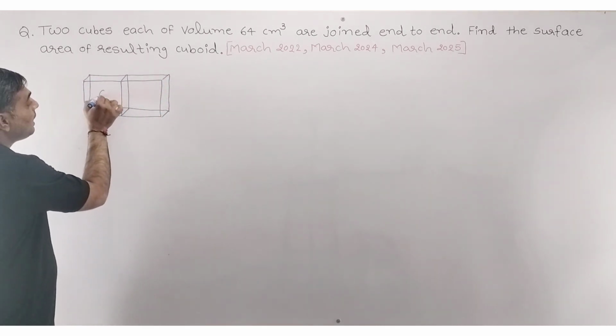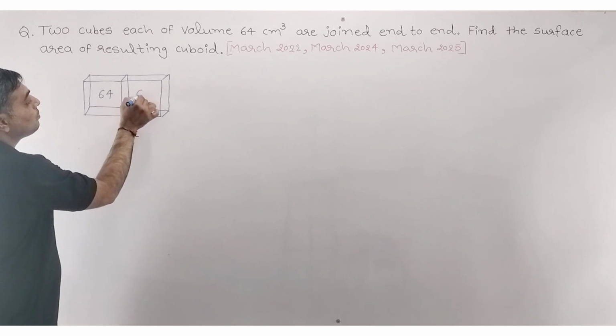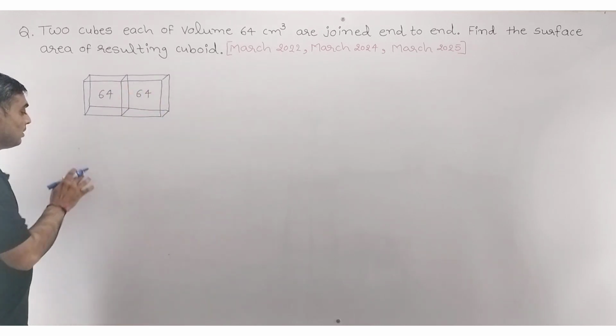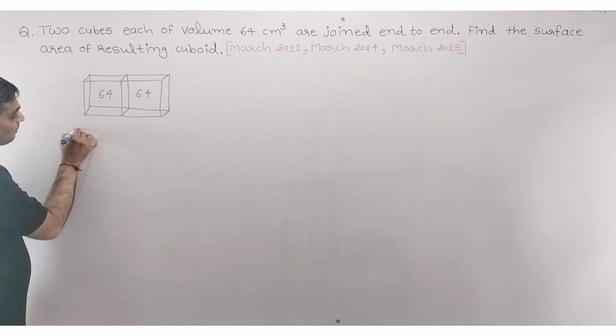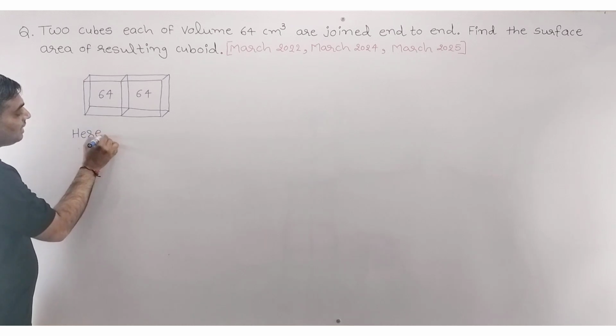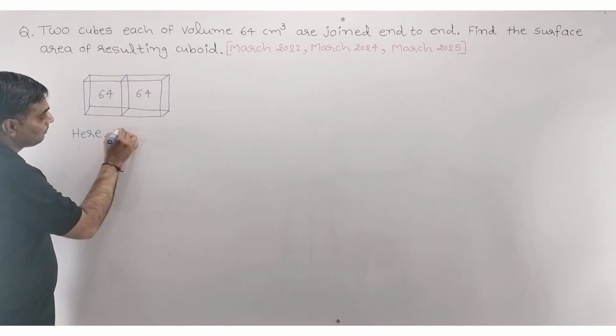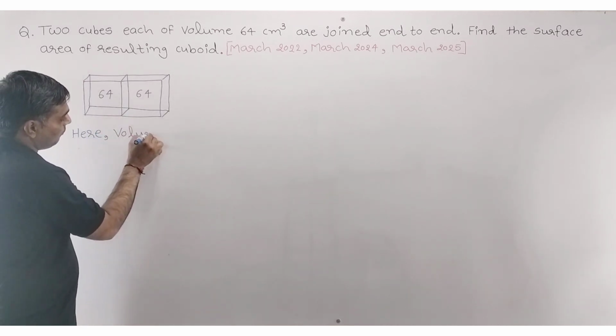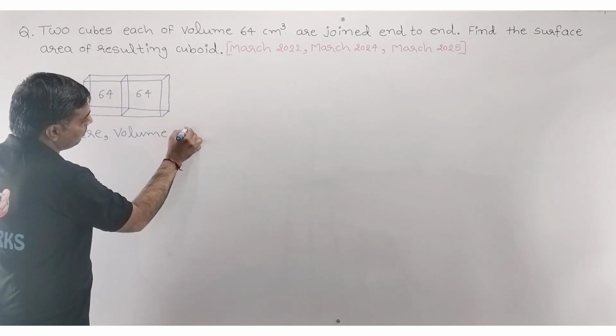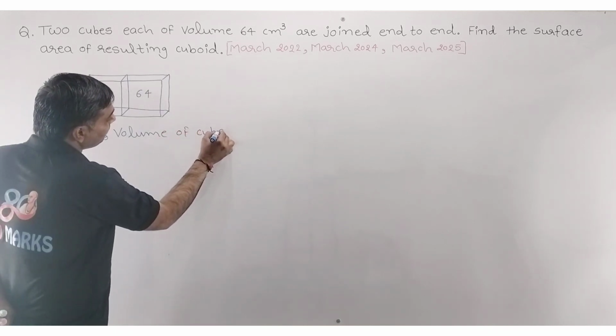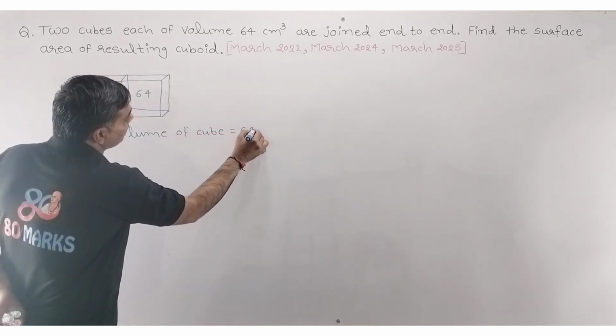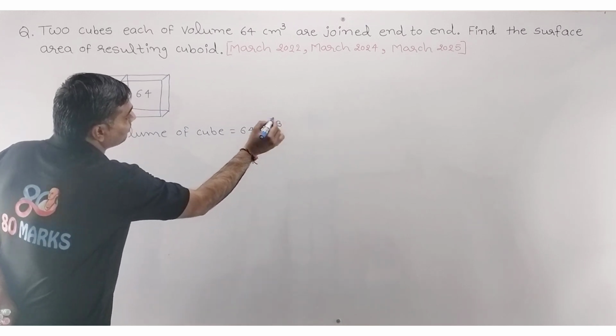Each cube has volume 64 centimeter cube. So the given data here is the volume of the cube, which is 64 centimeter cube.